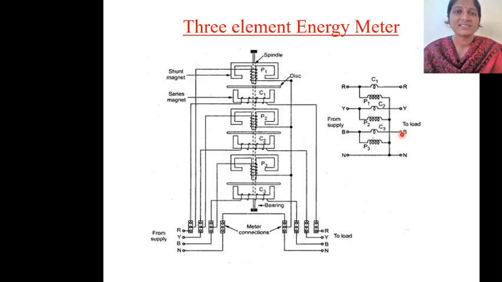For the three element system, there are three elements given to the three phases of the supply, and the other endings are given to the load. All the pressure coils are connected to the neutral wire, and the current coils are connected in series to the load. So this is about the energy meter.